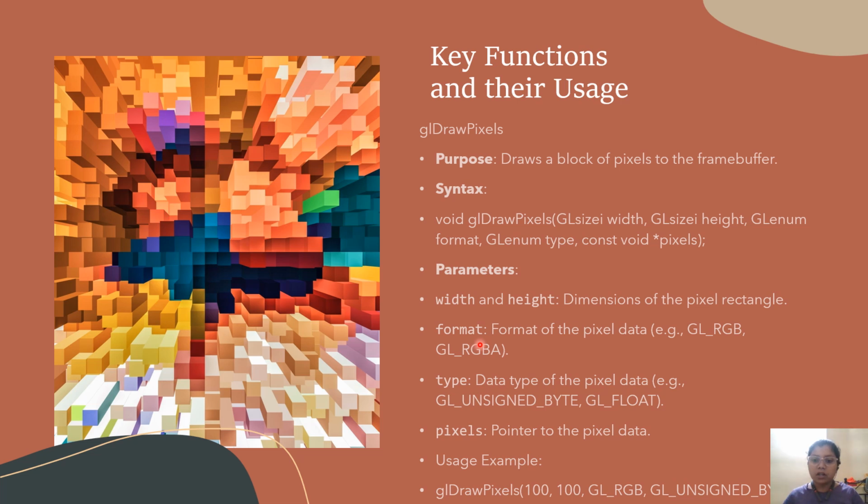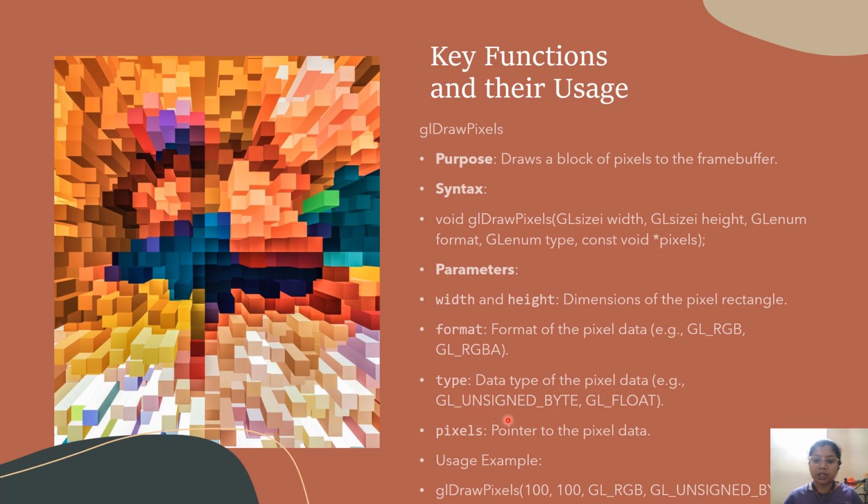Next, format is the format of the pixel data. For example, it gives a color value in the form of RGB, that is red, green, blue, or RGBA, red, green, blue, and alpha. Next, type provides the data type of the pixel data, for example GL_UNSIGNED_BYTE or GL_FLOAT.